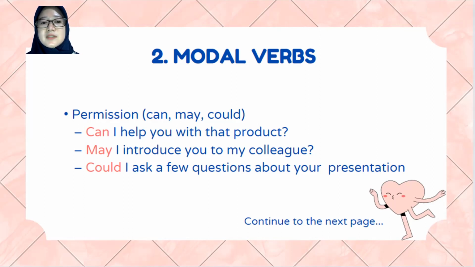As we know, could is the past form of can, but it doesn't mean that the could one is used to ask permission in the past. When you find this kind of sentence using could in the form of a question, it means the sentence is more polite than can. So can is just normal and could is more polite.